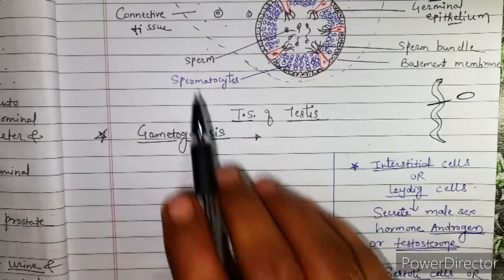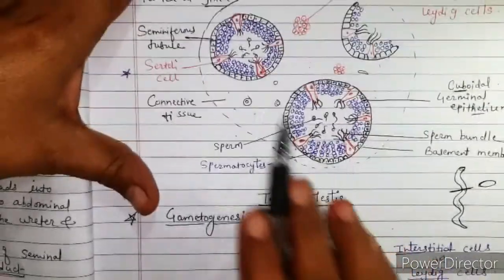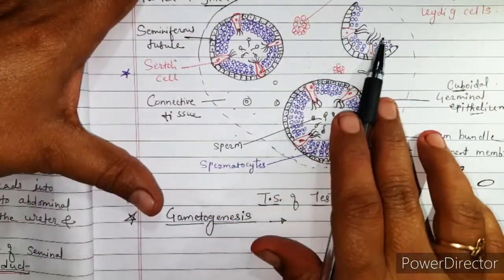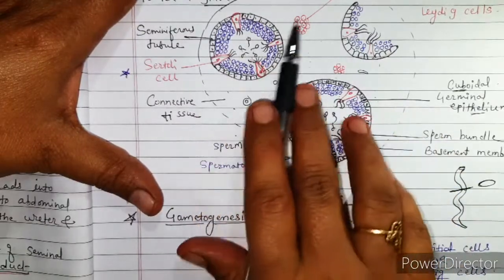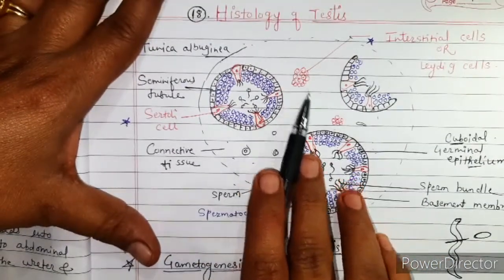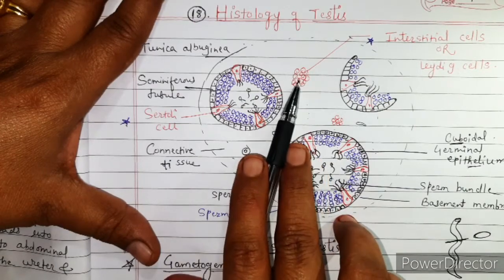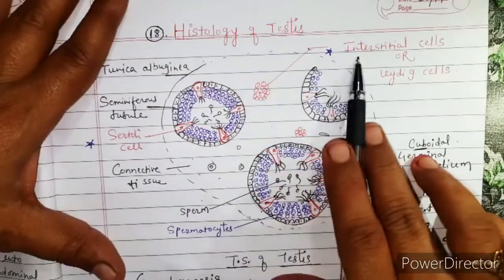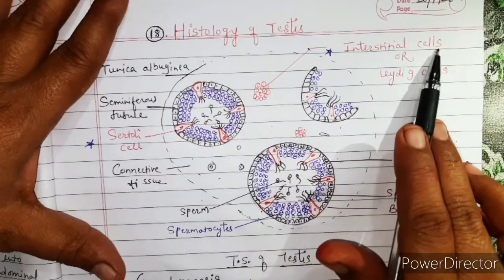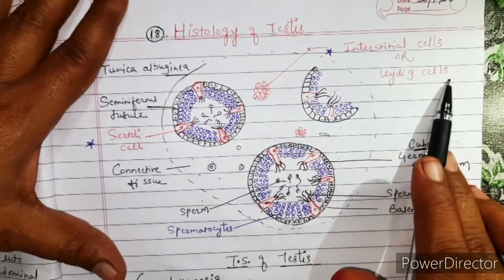Now see here, in between the seminiferous tubules there is a special type of cells. See here, these cells may occur in groups. These cells are called interstitial cells or Leydig cells.